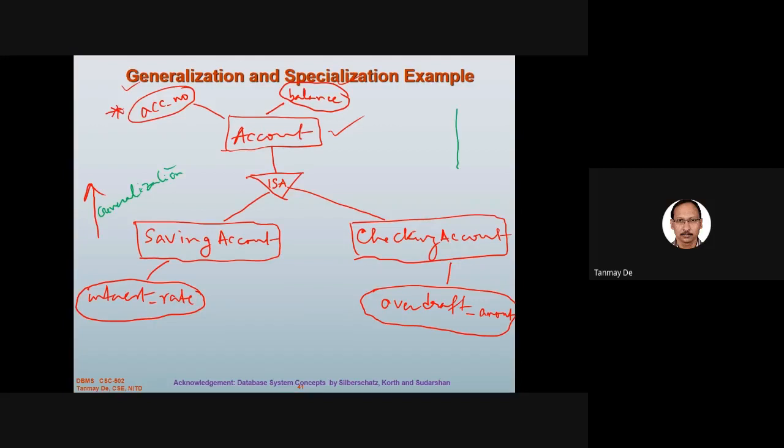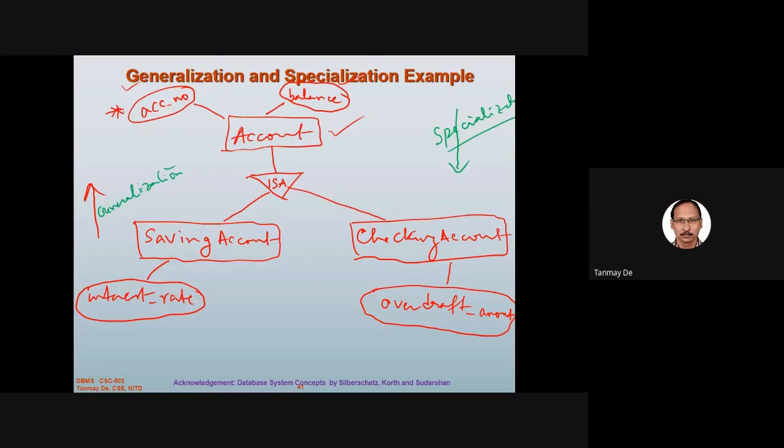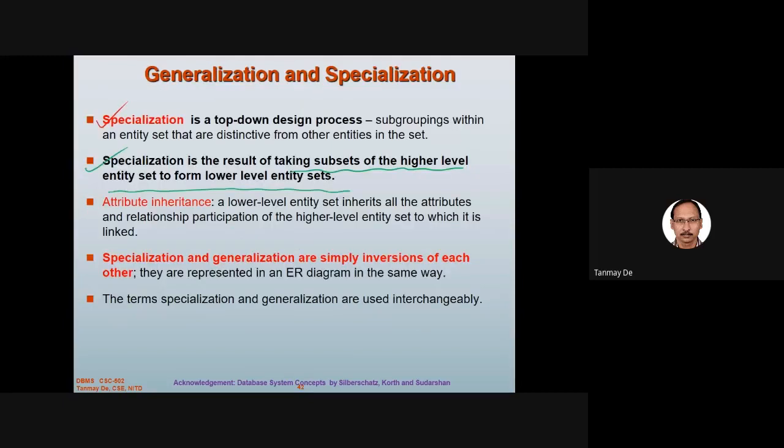If we think of the top down approach, then it is specialization. Specialization is the result of taking a subset of the higher level entity set to form the lower level entity set. Just like attribute inheritance, the lower level entity sets inherit all the attributes of the higher level entity set. That is, savings accounts and checking accounts inherit all the attributes, account number and balance, of the higher level entity set account. So the terms generalization and specialization are used interchangeably.